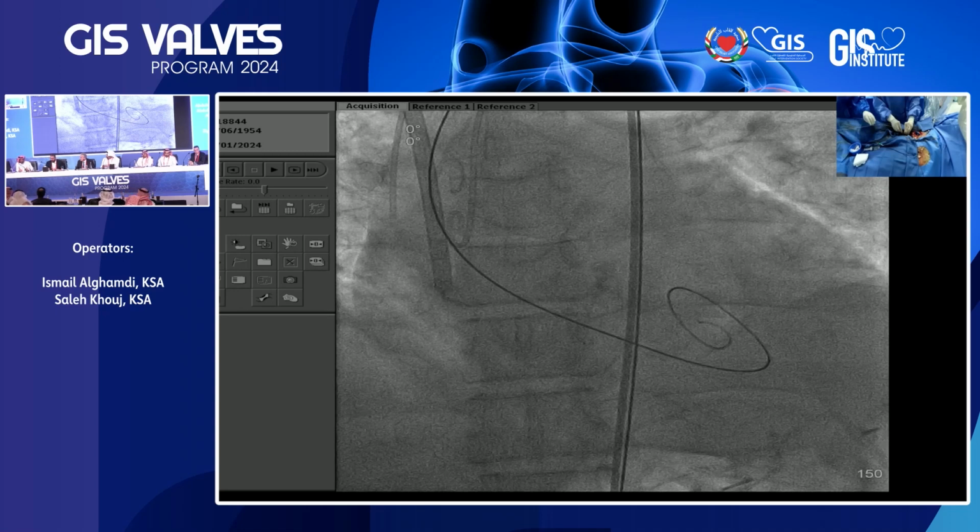So you have to take the size of the planned valve: if you are planning to deploy the 34, take at least the 25 balloon to make the bed for the valve, to avoid post dilatation, and then the valve will expand well. But if it is just opening because of low flow, low gradient, I did not expect a resistance from this to obstruct the flow from the valve.